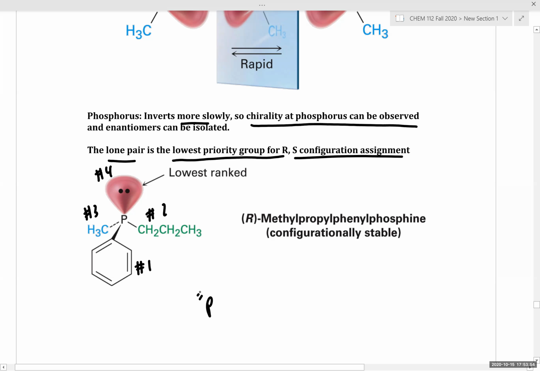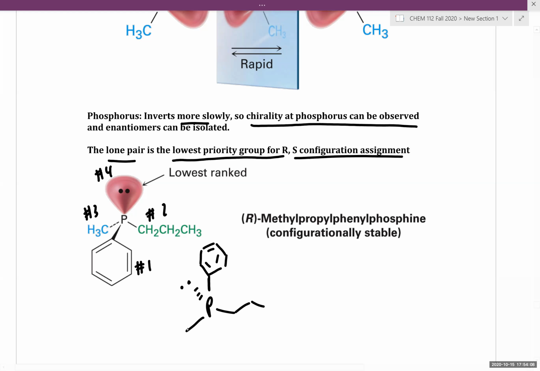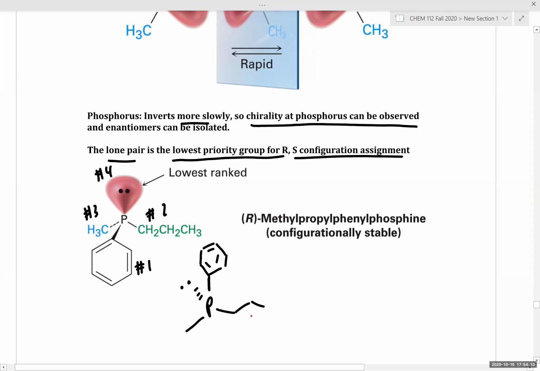So we can visualize this molecule after rotation as something like this. Going from highest to lowest priority, 1, 2, and 3, we see that we have an R configuration. Does this make sense to everyone?